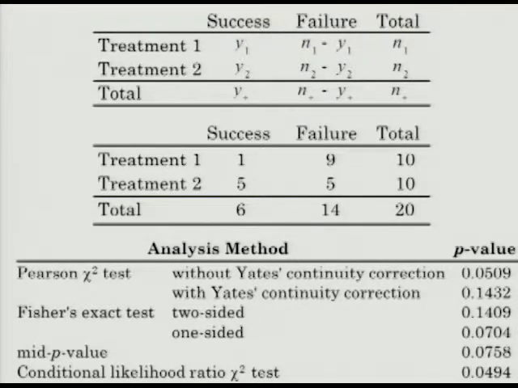In contrast, the 2x2 table is something that comes up all the time, where here we have fixed numbers of subjects who receive either treatments 1 or 2, and y1 and y2 are the respective number of successes, and y plus is the marginal total of successes.